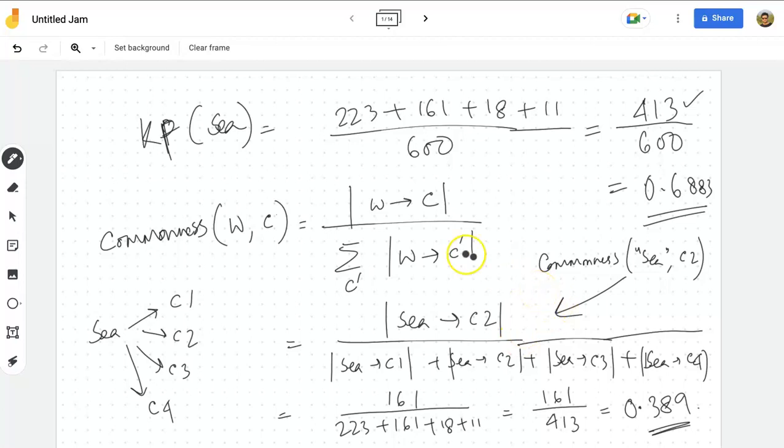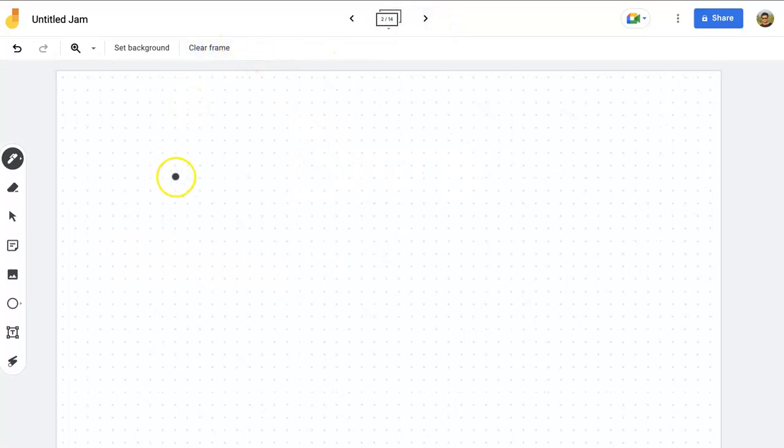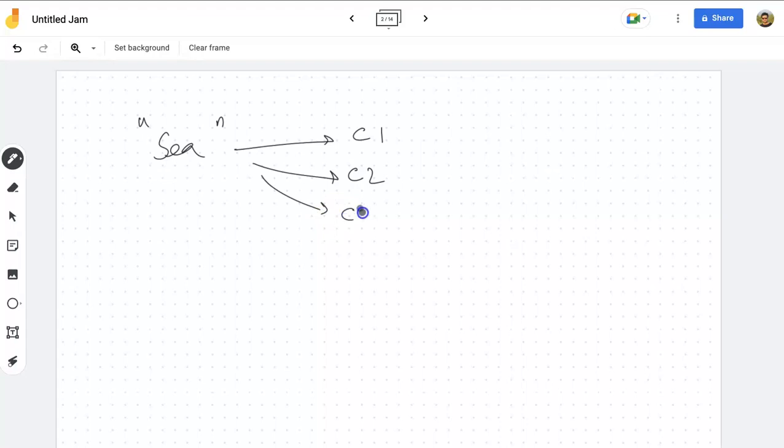Why do we use this commonness formula? To disambiguate. What is this disambiguating thing? In this question, the word C is mapped to different Wikipedia articles: C1, C2, C3 and C4.